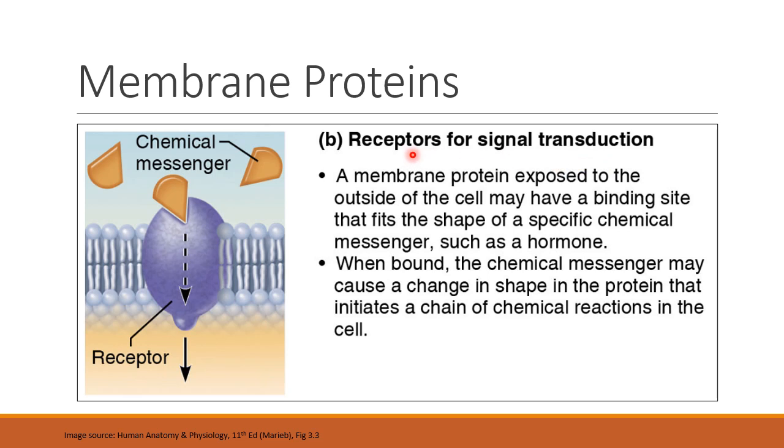Proteins can also be receptors for signal transduction. In other words, here's your cell. There's this little receptor protein right here. And so if there's a certain messenger, say a hormone, or some other substance that fits like this little lock and key mechanism, it'll go in here, activate that protein, and when it does that, it causes a change in shape of that protein, and it causes a signaling cascade inside the cell in order for the cell to do a particular activity.